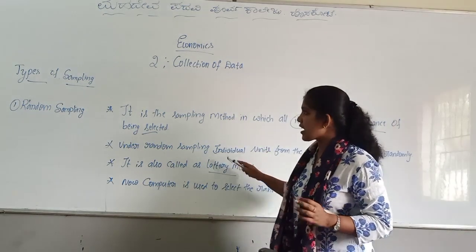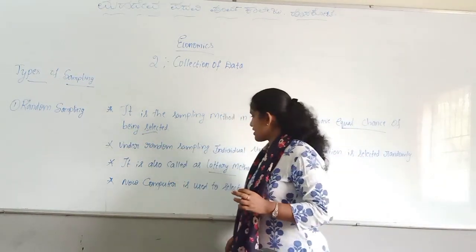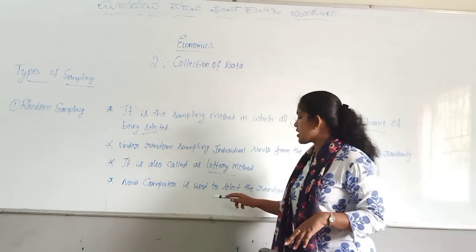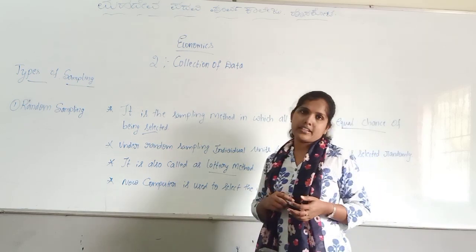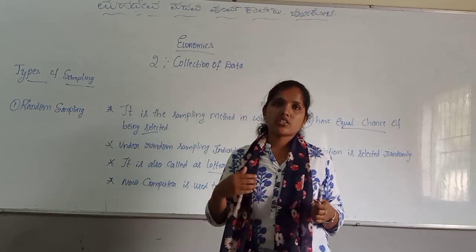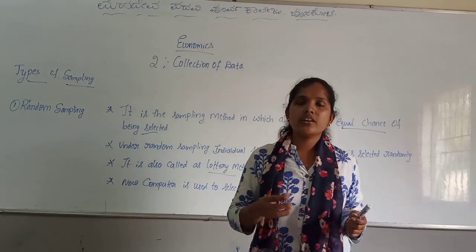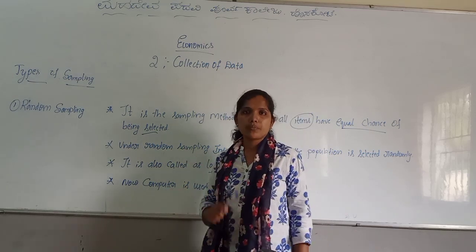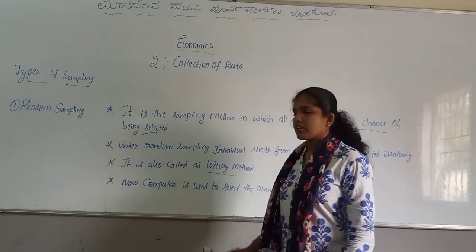So we can compare random sampling to a lottery method. And nowadays, the computer is used to select the random sample. Everything is technology; there is technology in each sector. In the same way, to select the sample from the population, they will use the computer.